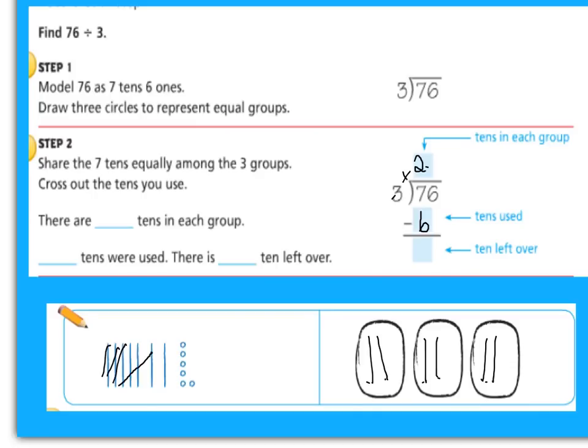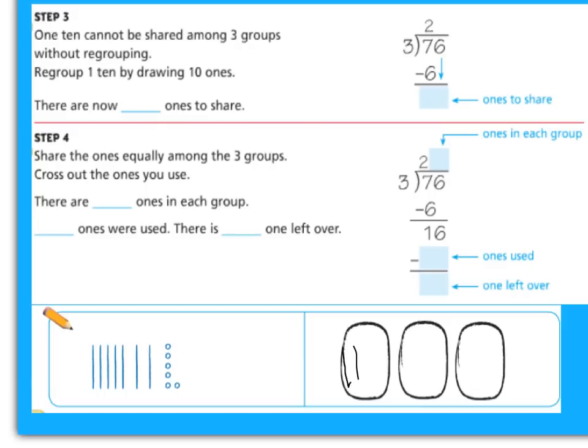And we'll write that down there. 7 minus 6 would be 1. And that is that 1 leftover 10 right here, as you can see. So there are 2 10s in each group, and 6 10s were used, and that means there's 1 10 left over. I'm going to go to the next page to complete.